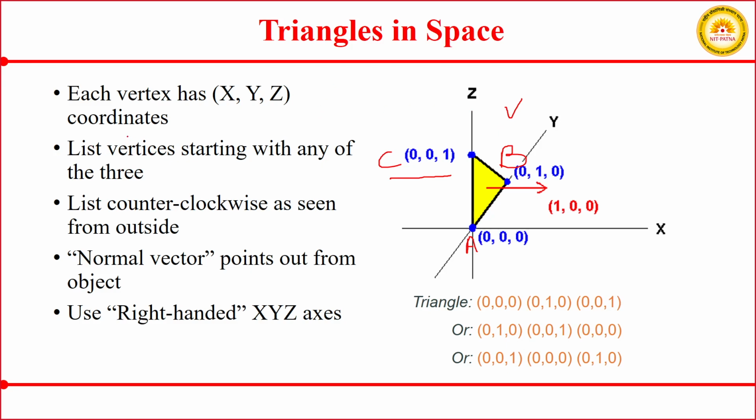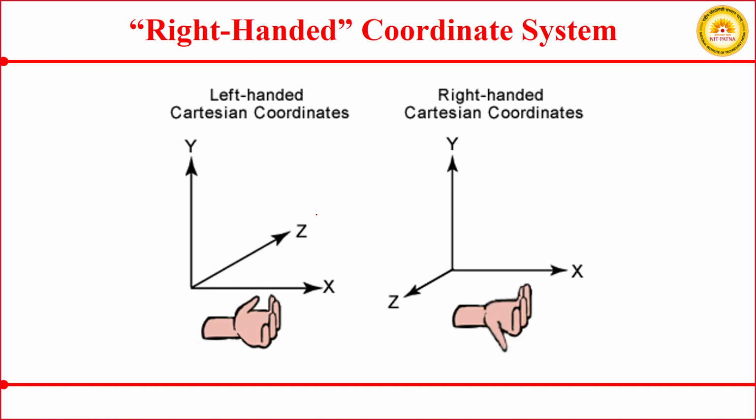First, you need to list all the vertices, A, B, C. You know the coordinates of these vertices. Then you have to use your right-hand coordinate system. So what is the right-hand coordinate system? By figure, you can easily understand what is the right-handed Cartesian coordinate system and what is the left-handed one.